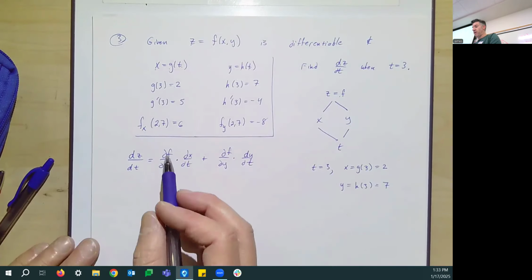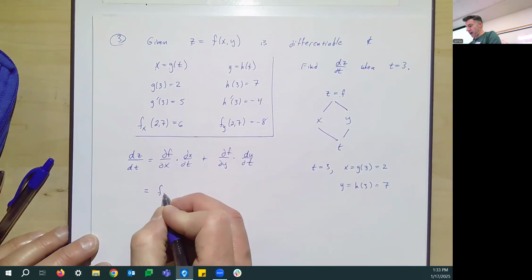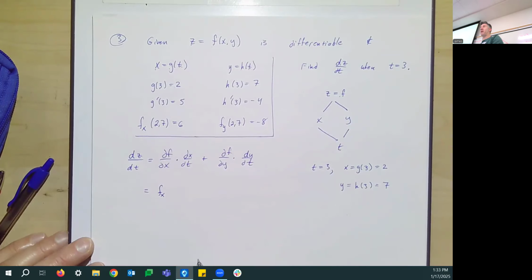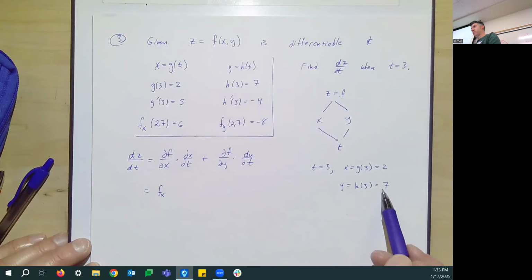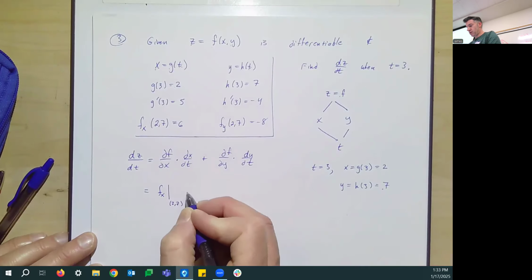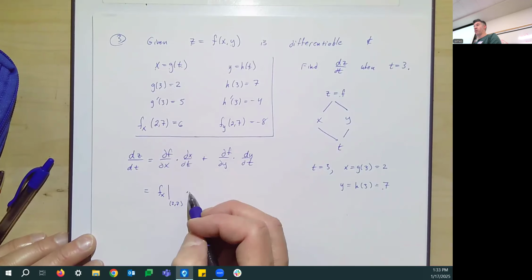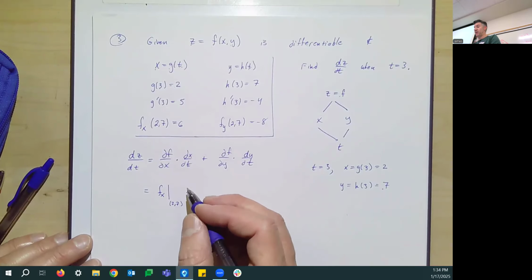So we want to find del f del x. Another way of writing that is fx evaluated at the inputs. Well, the inputs to the function f are an x and a y value, which are 2 and 7. dx dt, or in other words, g prime, right? If x is equal to g, dx dt is equal to the derivative of g.